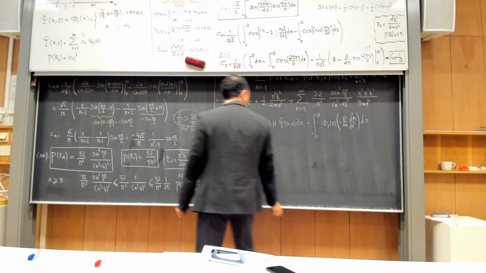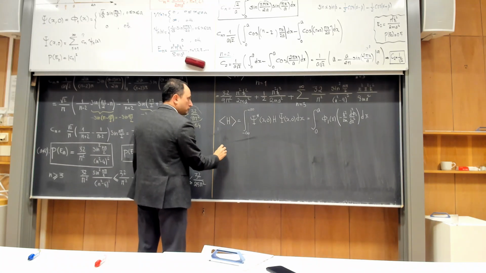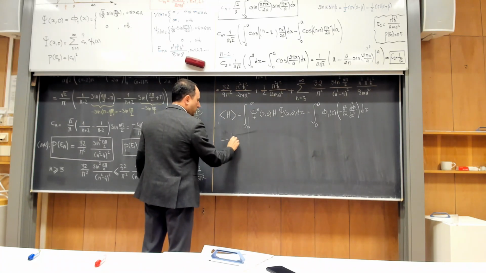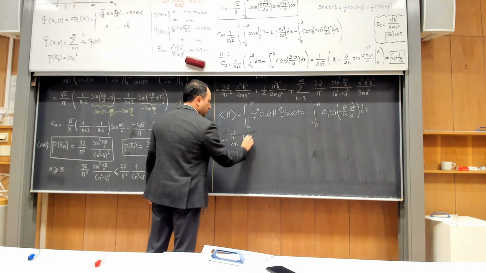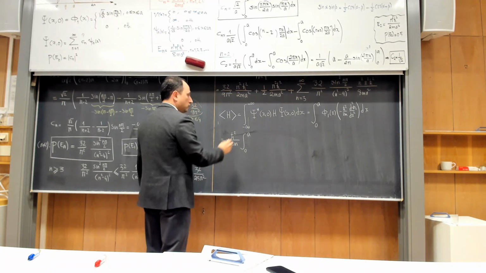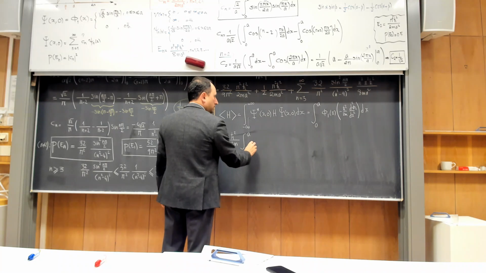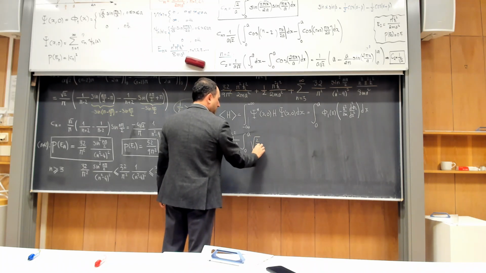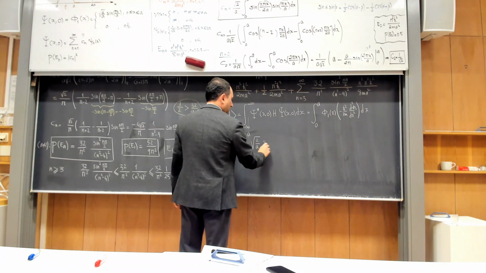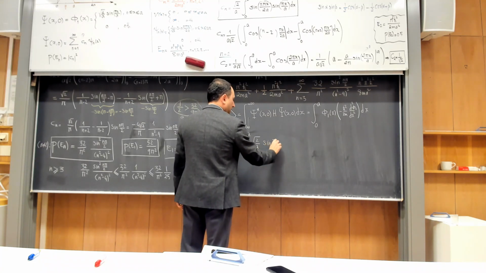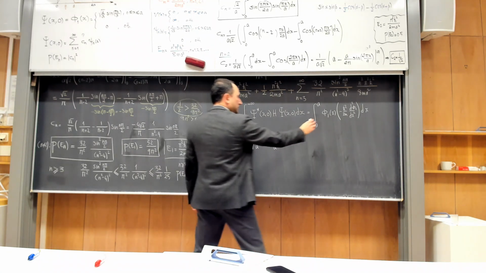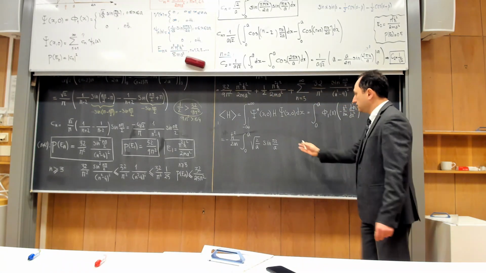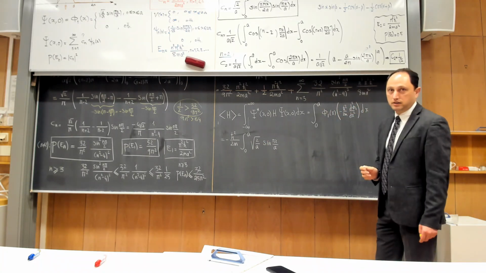So here I will get it and write it in this form. It becomes minus h bar squared divided by 2m, integral from 0 to a, phi 1, which is square root of 2 over a, and phi 1 is sine pi x over a, and then I have to take the second derivative of this function. Yes?